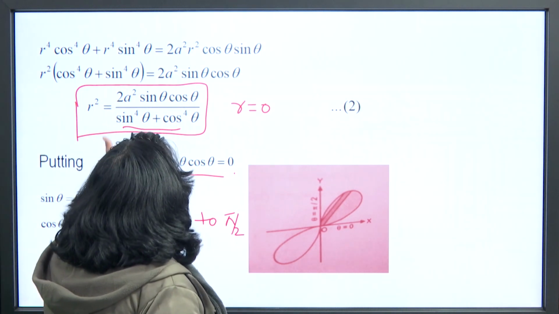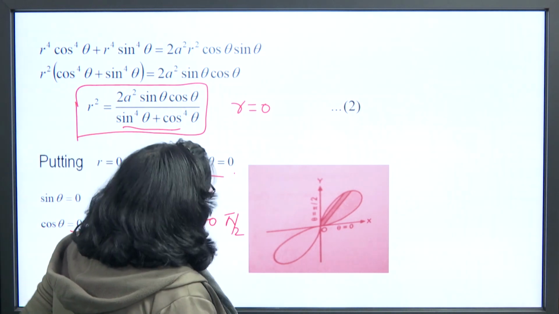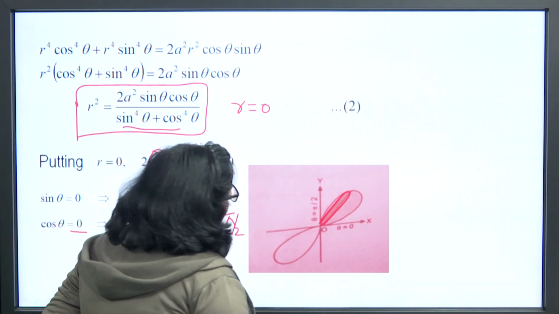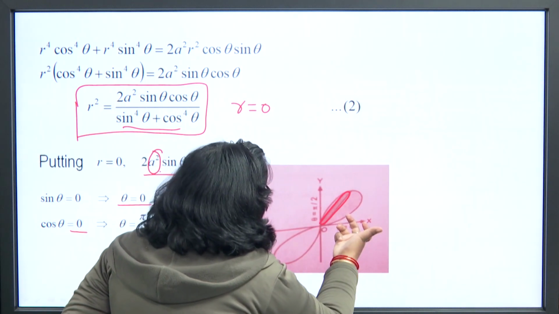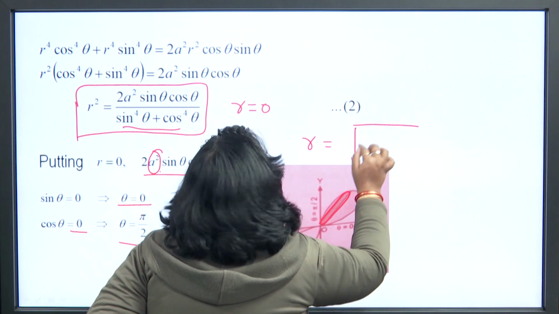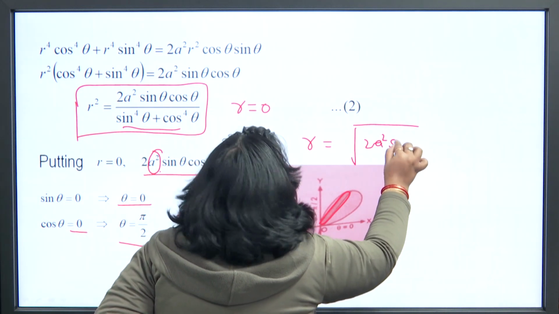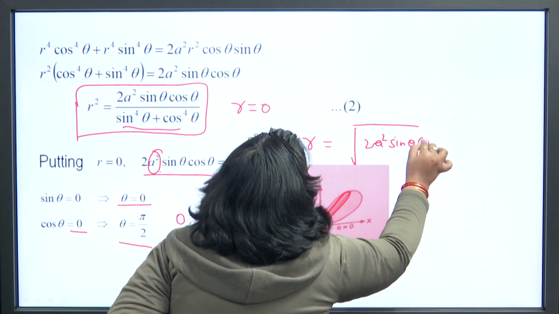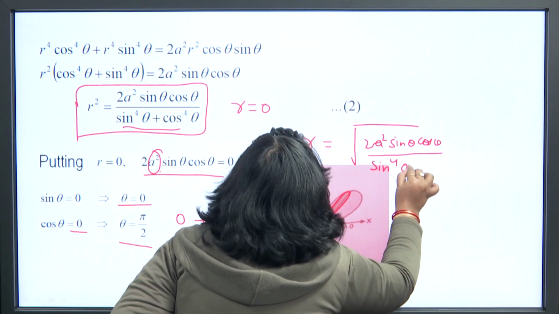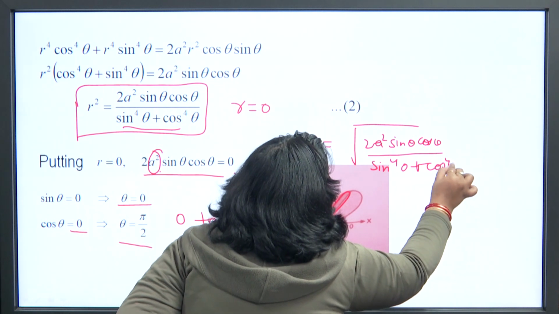What is the limit for r? We can see from the diagram, this is the radial strip and r goes to the positive coordinates. So, the value of r is 0 to under root 2a square sin theta cos theta upon sin 4 theta plus cos 4 theta.